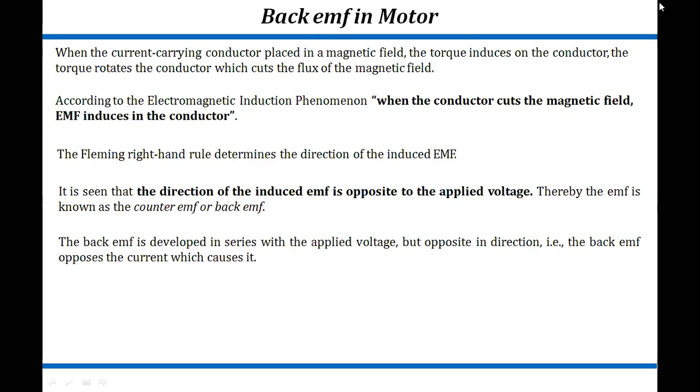That EMF works in series with the applied voltage, but it has the opposite direction with respect to the given voltage. So when we use a DC motor, we get back EMF because that EMF works in the opposite direction.